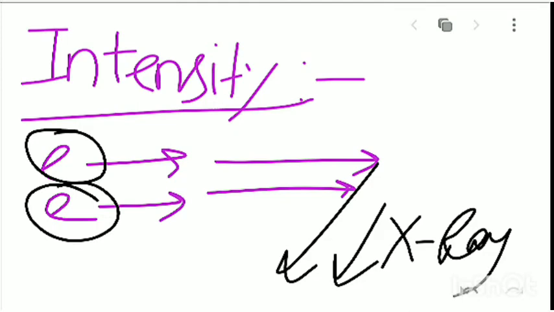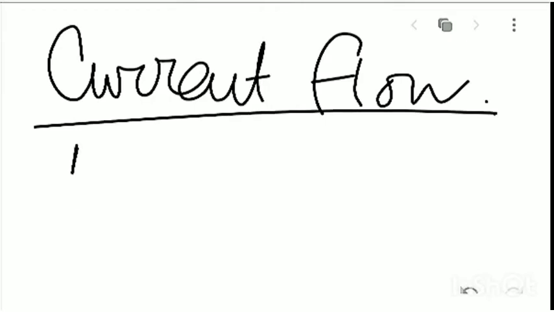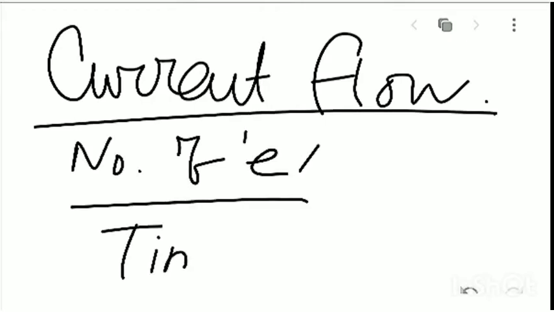And what can we do to increase the number of electrons moving? How can we increase them? The answer is very simple: if we increase the current flow. What is current flow? Current flow is the number of electrons moving per unit time.